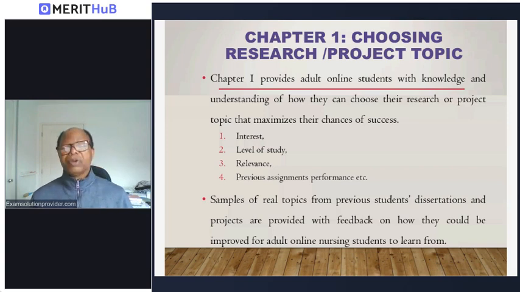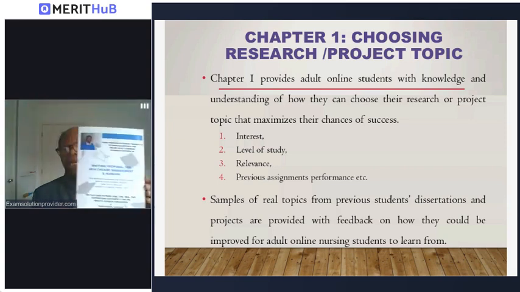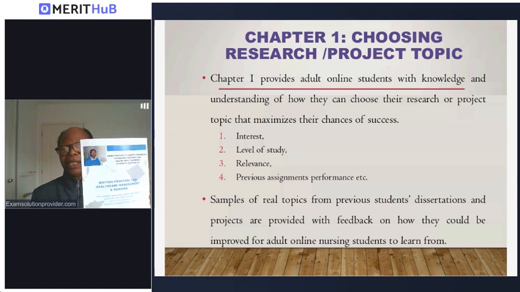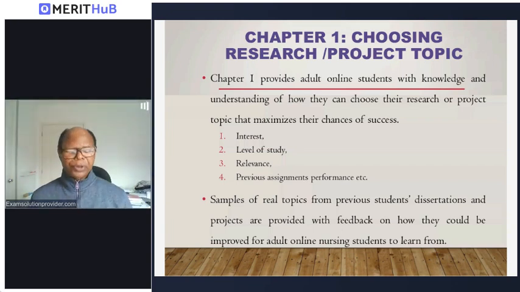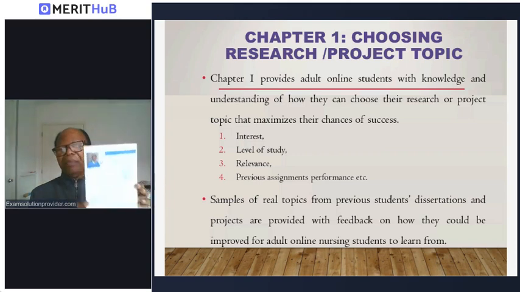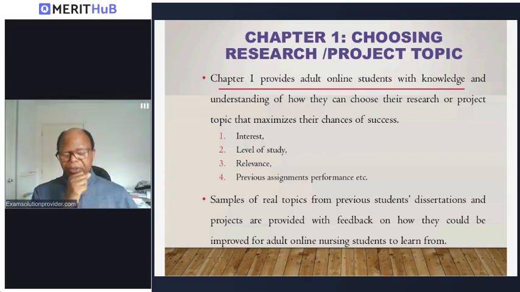If you go to chapter 1 of this book, you'll be able to identify other factors that are going to help you in choosing your topic for a dissertation or project. In some universities or colleges of nursing, they may actually provide you the topics, but this is very rare, because in that way the topics are imposed on you.